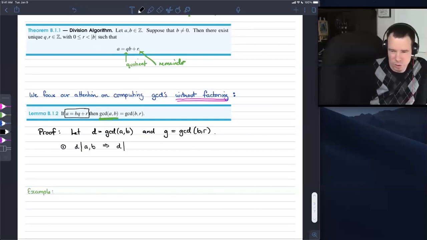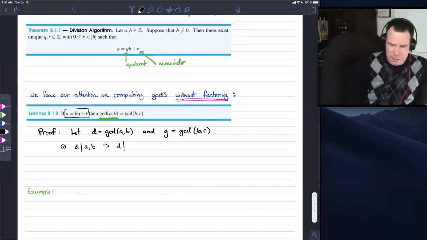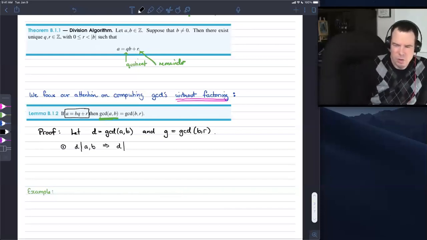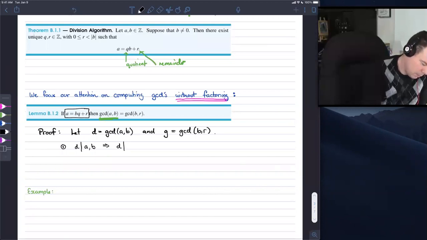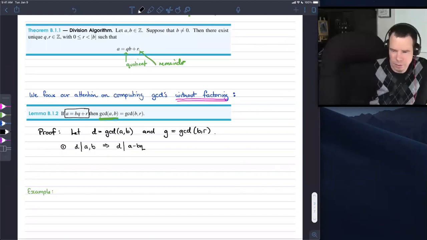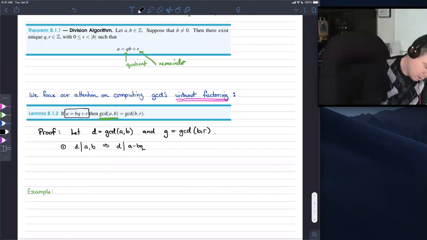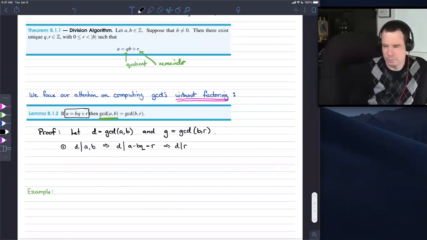I have this relationship that A is equal to BQ plus R. So if D divides A and D divides B, then it divides two of those terms in that equation, so it must divide the third one. So D must divide A minus BQ, because it divides A and it divides B, but that's equal to R. So what we have is that D divides R.